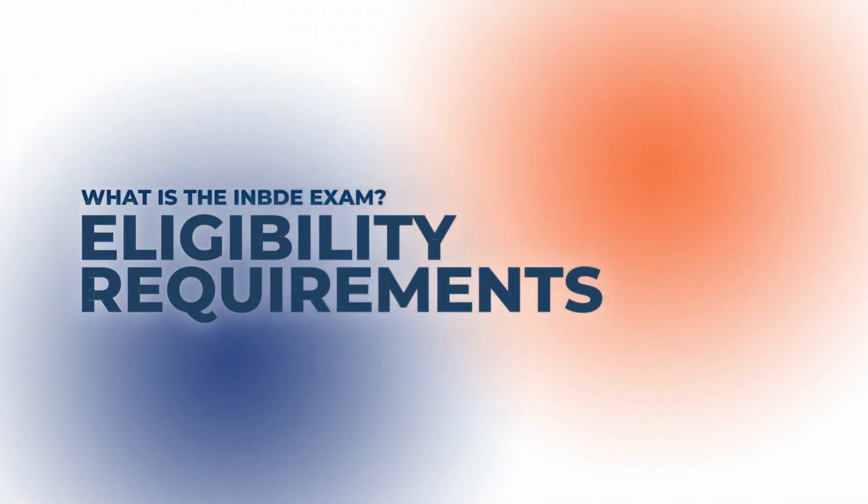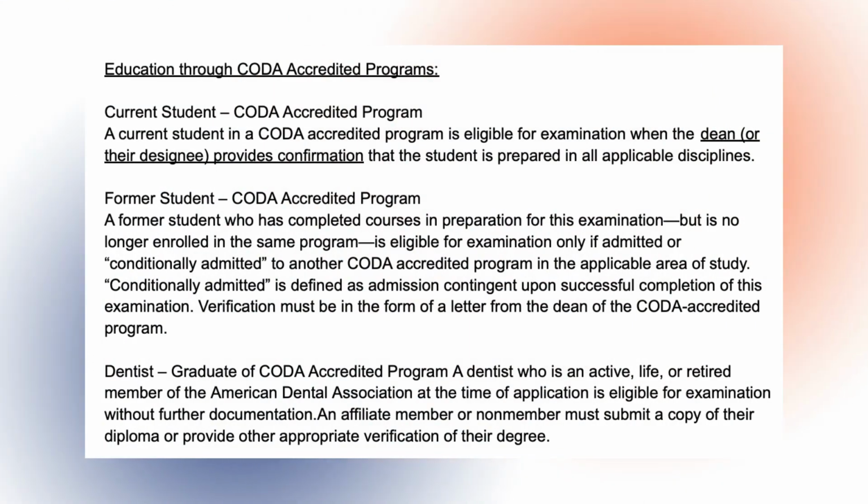So eligibility is divided into accredited programs and non-accredited dental programs. For accredited, if you're a dental student, you're still in school, all you have to do is provide a letter from the dean of your school stating that you're enrolled in this program and confirming your information. If you're a graduate from an accredited program, easy registration, nothing extra is required from you.